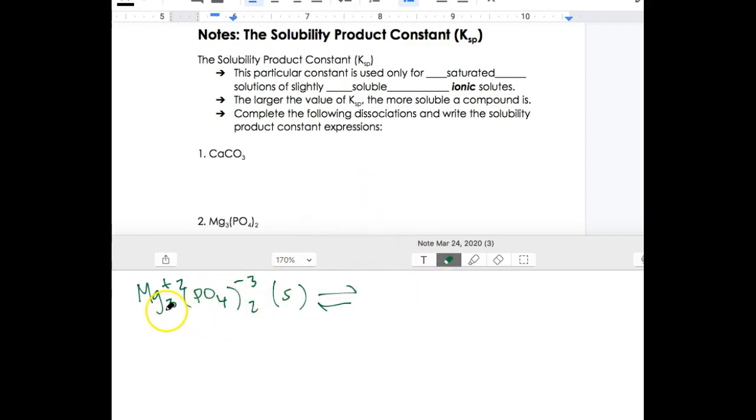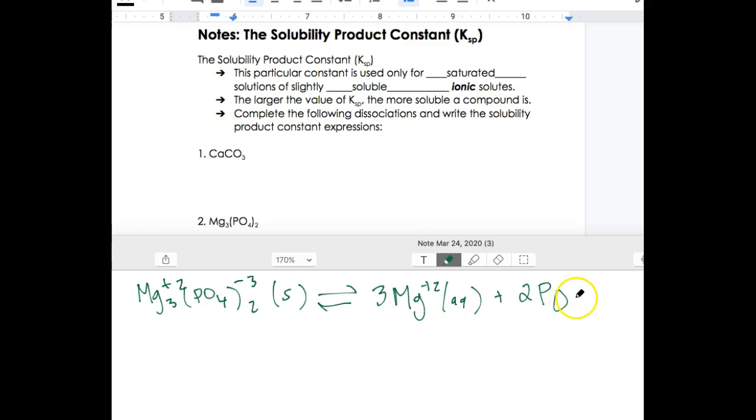And then when you dissolve it, you have 3 magnesiums, so you're going to put 3 in the front. And you have 2 phosphates. You don't put the 2 down here on this side because it's not joined together anymore. It's now separated. It's forming ions.